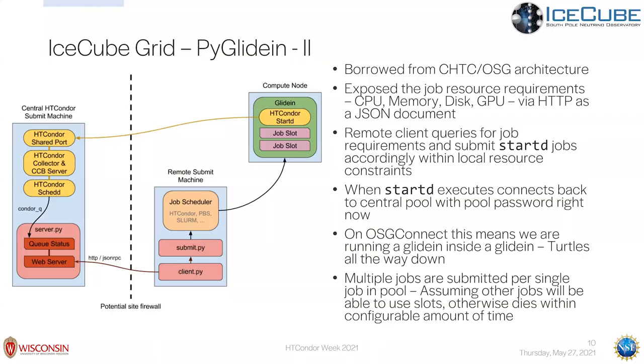Then at the remote side, we just submit a job that has the right resource requirements. Once that job executes, it runs a Condor startd, saying, okay, I'm alive, and it connects back to our big HTCondor pool.